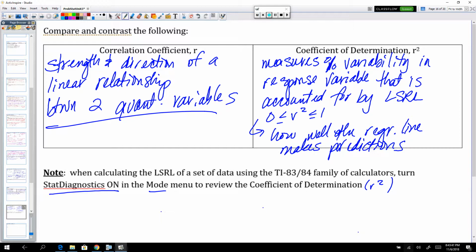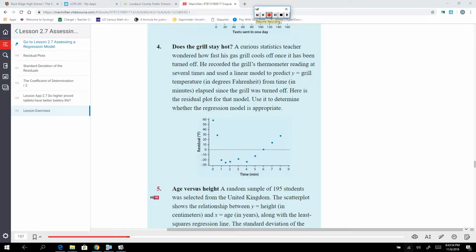So in section 2.7, we're looking at exercise 4 first. This exercise talks about, does the grill stay hot? So basically, a statistics teacher turned off their grill and timed and took data as time went on about how the temperature dropped after he turned off the grill. What you're looking at here is not a scatter plot, it is a residual plot.